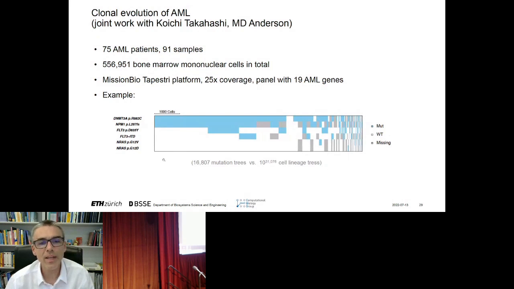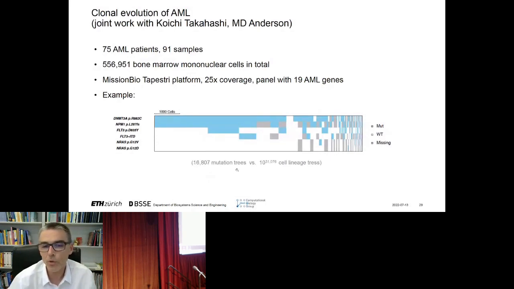So a typical data set for one tumor looks like this. So this is the set of mutations that have been detected for this particular tumor, just 6 mutations. Remember, it's just 19 genes here. And this is the scale of the number of cells. These are already 1,000 cells. So this is more than 8,000 cells that we're seeing here. And just to come back to that early point, in this particular situation, just 6 mutations, there's only 16,000 mutation trees here based on these 6 mutations.